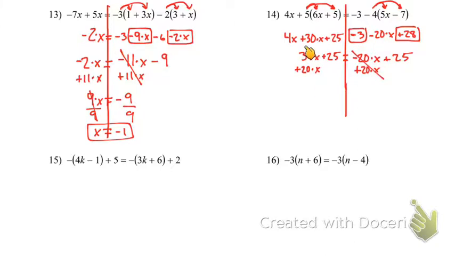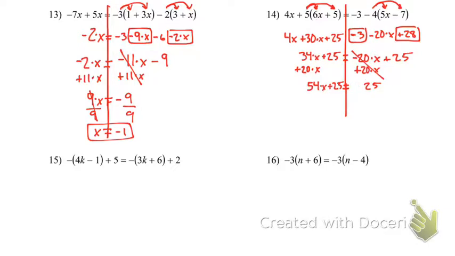These guys are on the same team. So this is going to give me positive 54x. And then bring down the positive 25 equals, and we have positive 25 here. Okay, we really don't need this positive though, but it's 25 there.